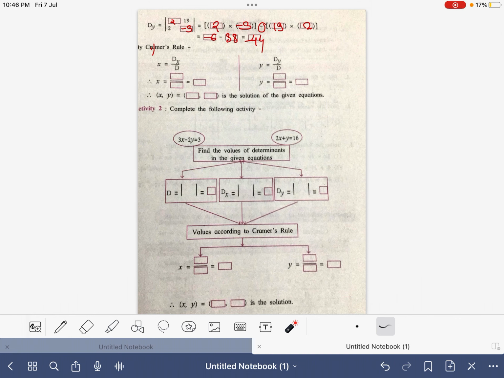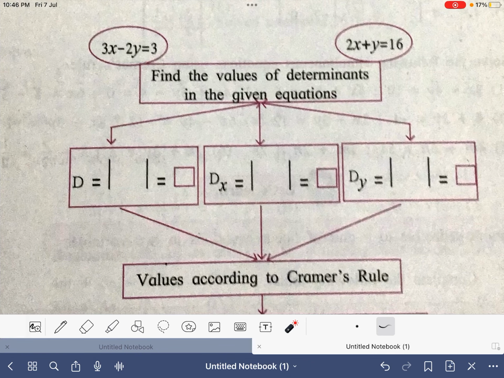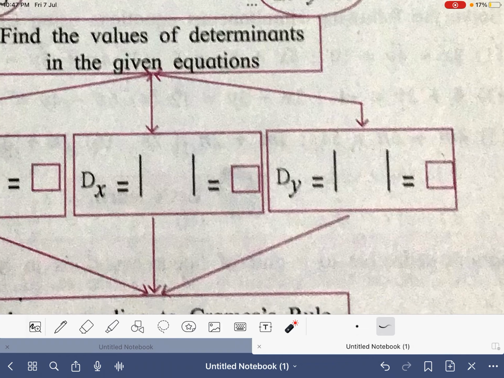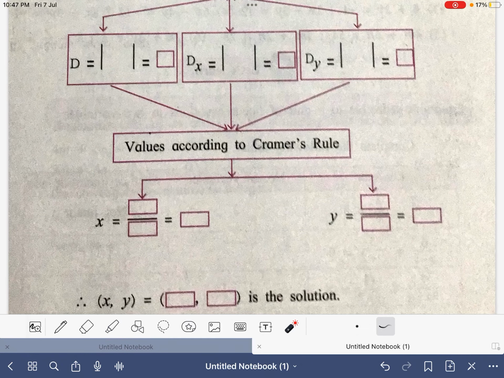So D is nothing but a1, a2, b1, b2, and simplify this equation and whatever the value is there, calculate and write it here. Similarly, we know that Dx is equal to c1 c2 and b1 b2. Similarly, write down the value of Dy, a1 a2 c1 c2, and put the answer there.